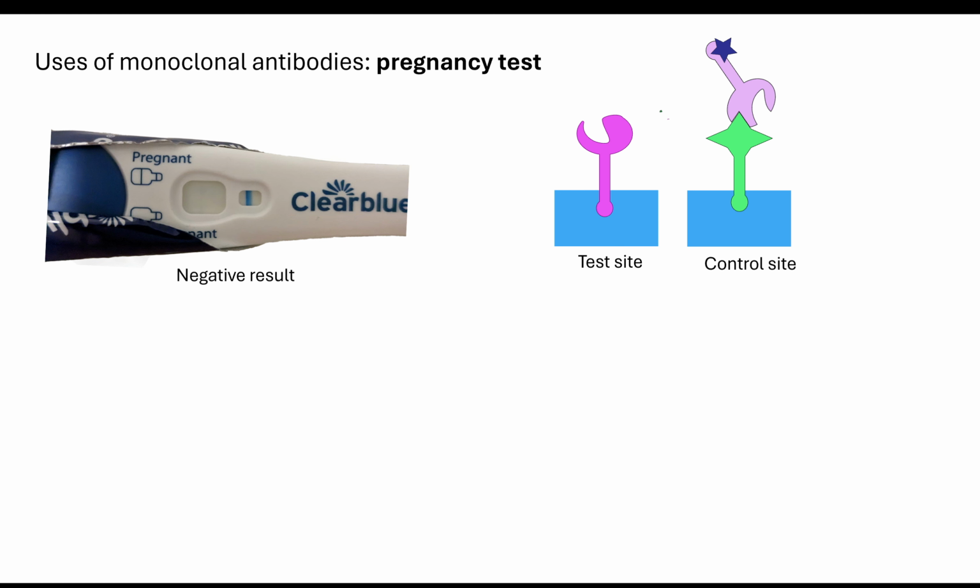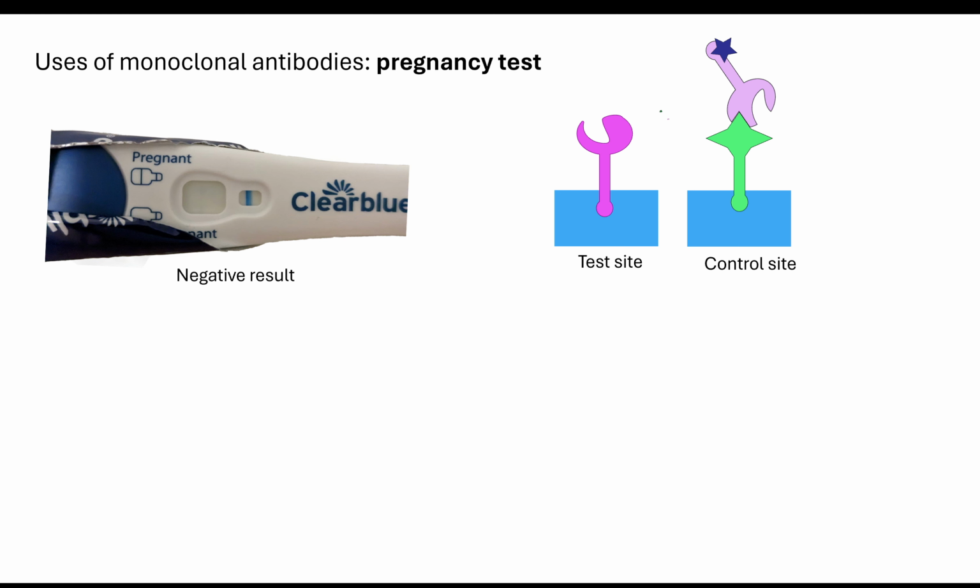So it has to be at the right concentration to be indicated in the pregnancy test. However, the key thing is that the hormone is being produced. If the hormone is present, it will bind to the monoclonal antibody that is free floating, but also as it makes its way up through the pregnancy test, when it gets to the test site, it will bind if it has a complementary shape.